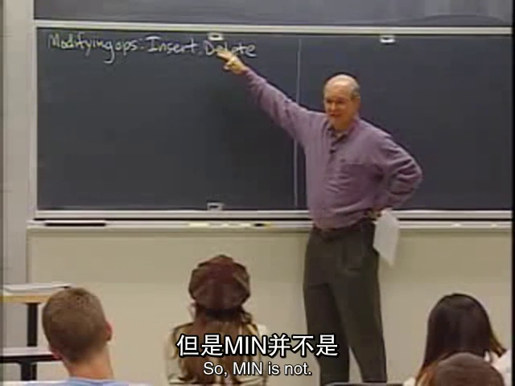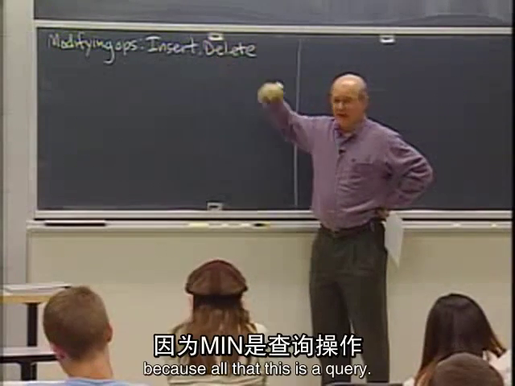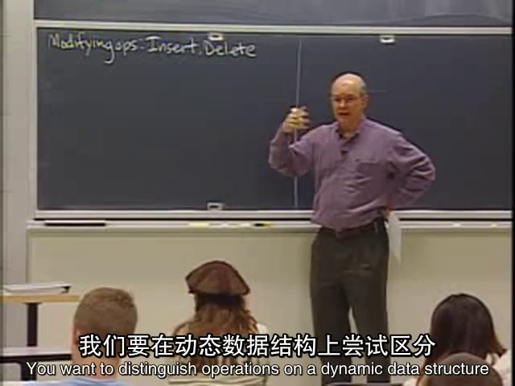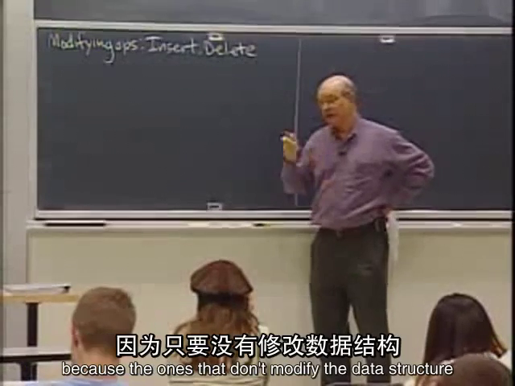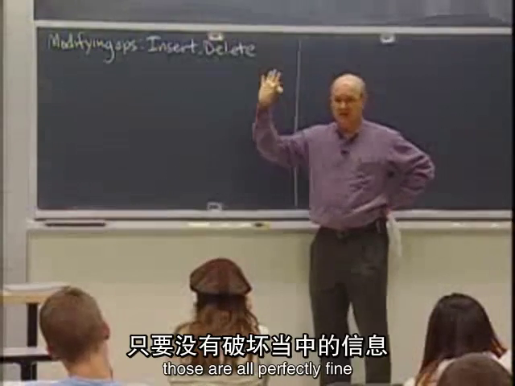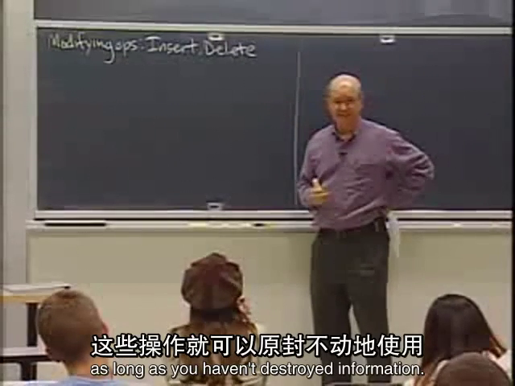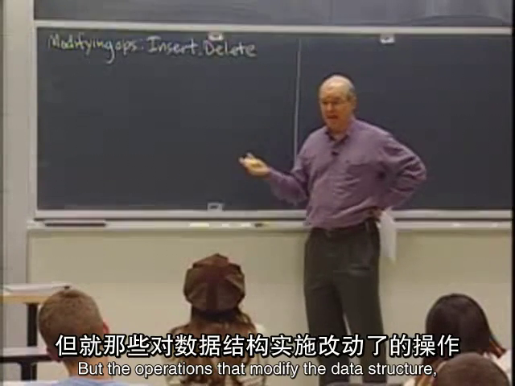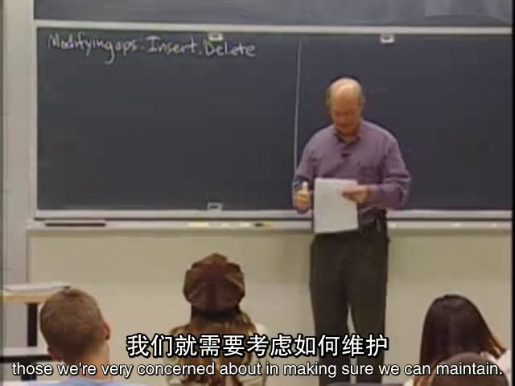So min is not. You don't have to worry about min, because that is a query. So you want to distinguish operations on a dynamic data structure as those that modify and those that don't. Because the ones that don't modify the data structure are all perfectly fine as long as you haven't destroyed information. The queries, those are easy. But the operations that modify the data structure, those we're very concerned about, making sure we can maintain.